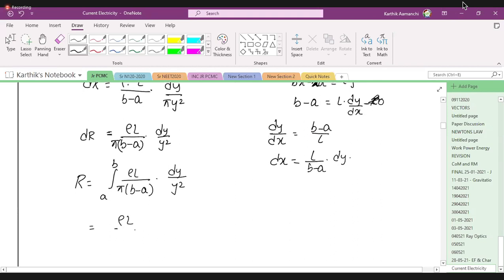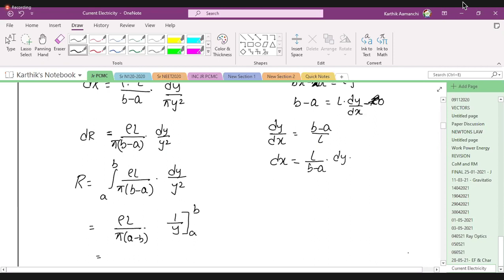So rho L divided by pi into (a minus b) into 1 by y from a to b, isn't it? Correct? We will get minus rho L by pi into AB.